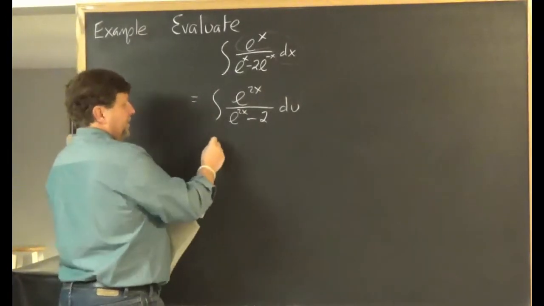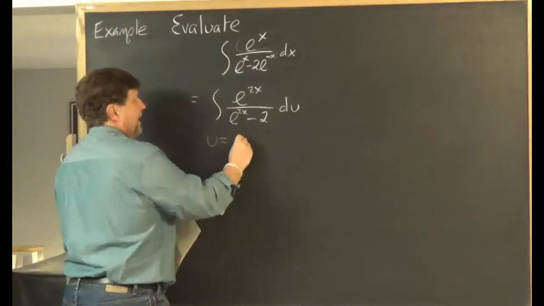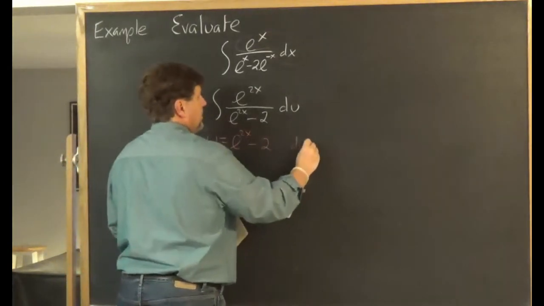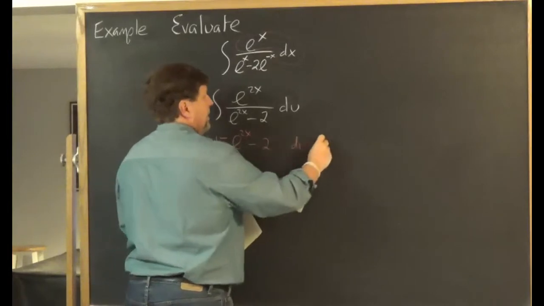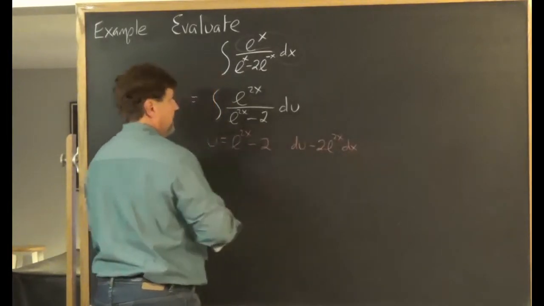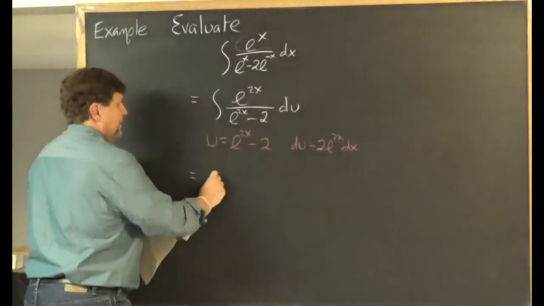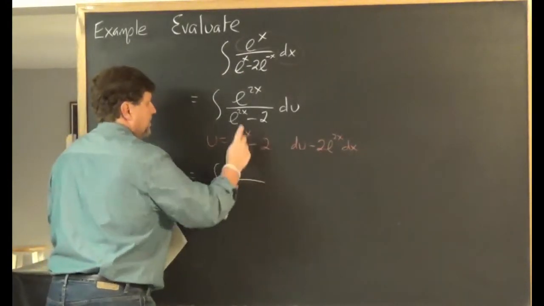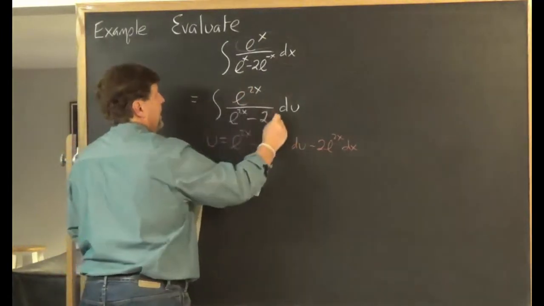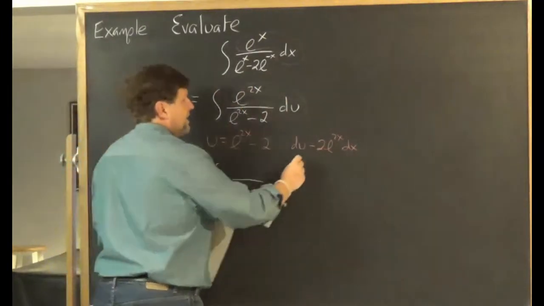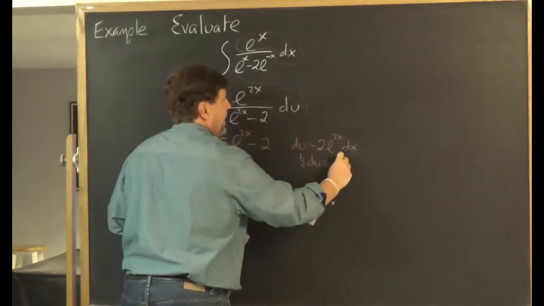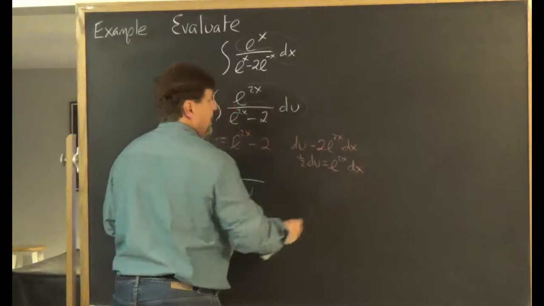So now, if I do a u sub, if I let u equal the denominator, du is 2e to the 2x dx, and I substitute in, so my denominator's u, the e to the 2x dx, well, that's going to be taken care of by a 1/2 du.